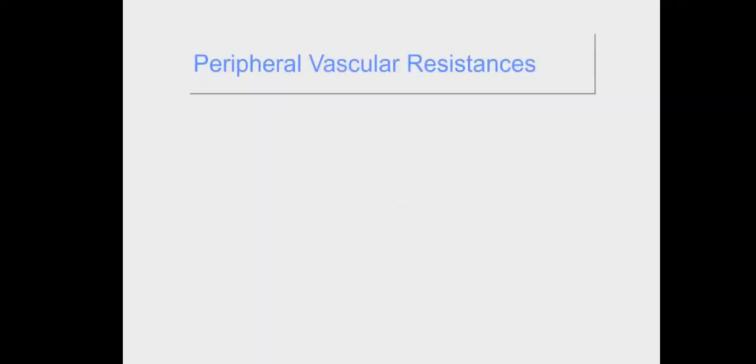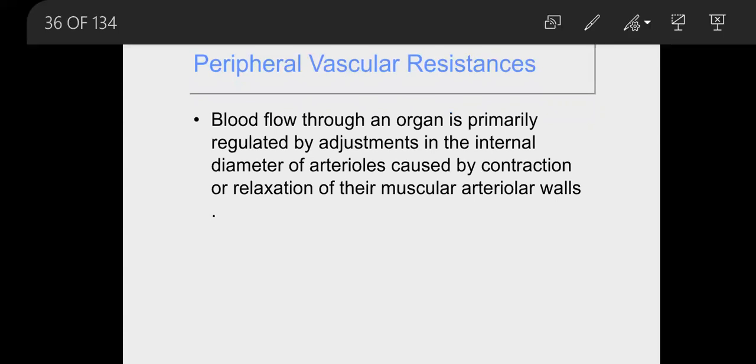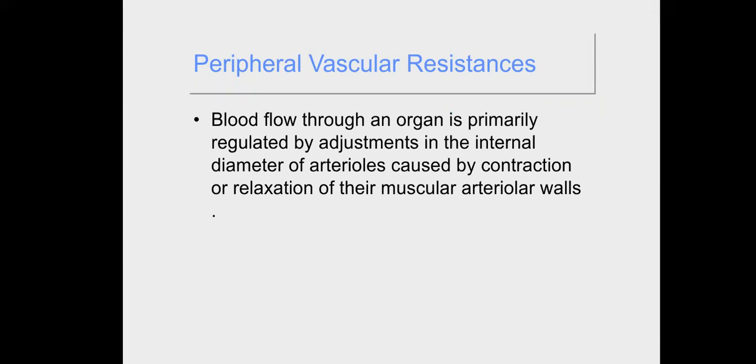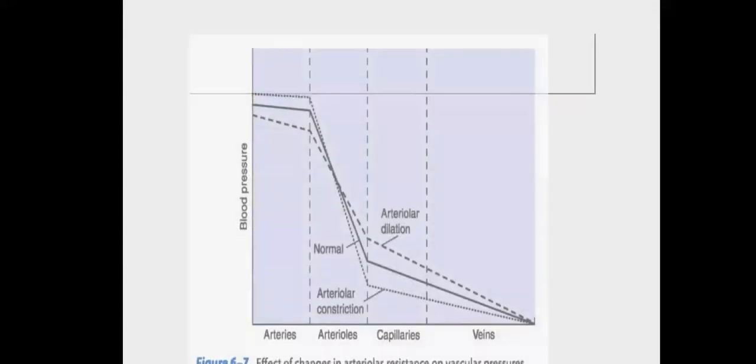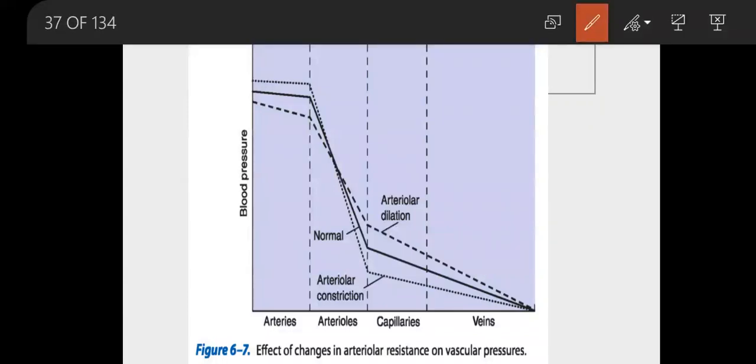So the following diagram will help you understand. You can look here. We have the blood pressure on our left side in the x-axis, and in the y-axis we have the segment.